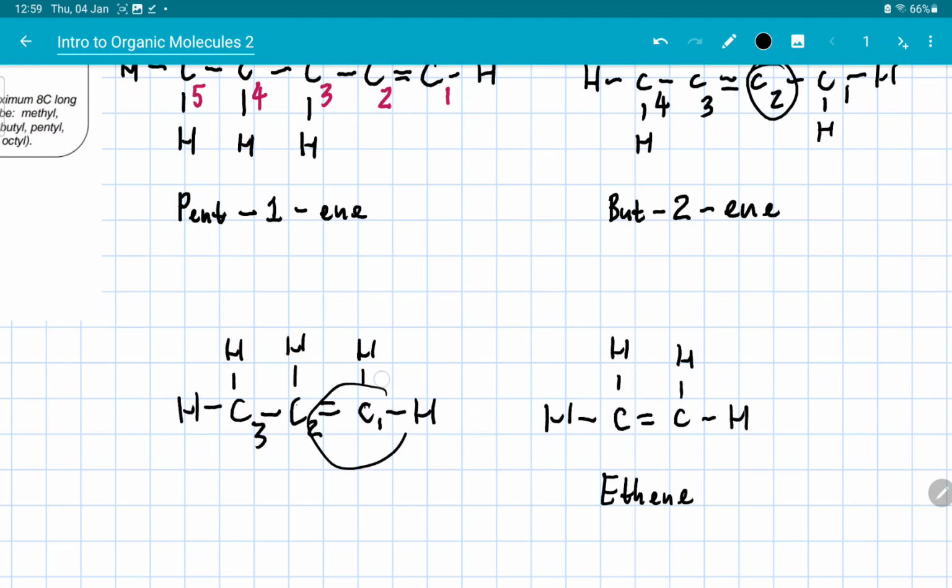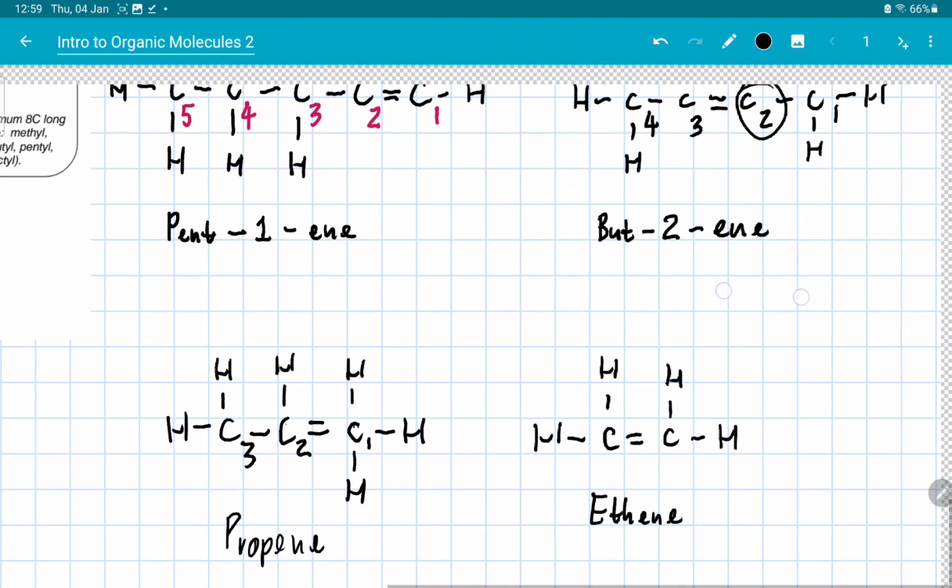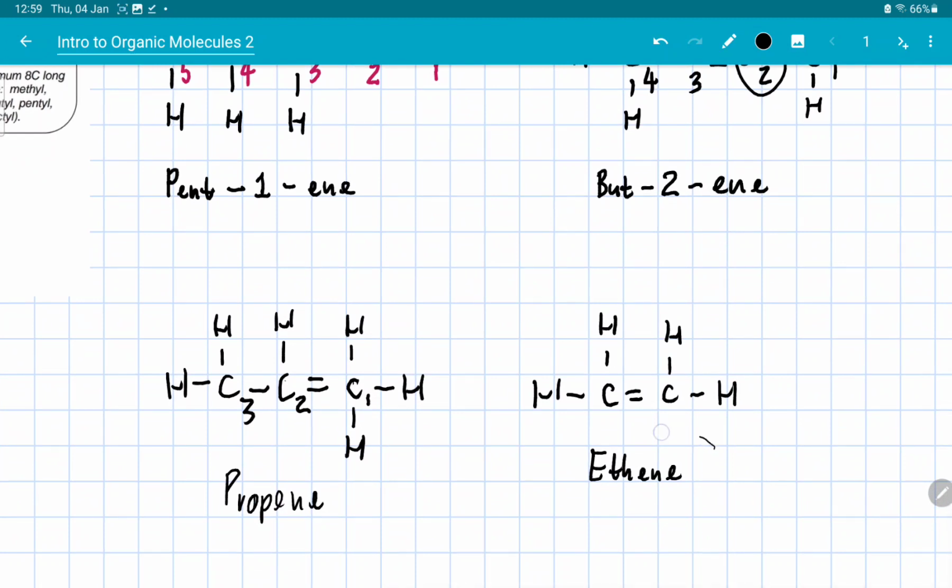So it's already attached to the first carbon's double bond. Because it's always attached to carbon 1's double bond, it means we just name it propene. So, to summarize, these two are just ethene and propene.